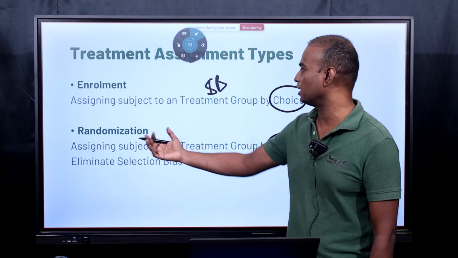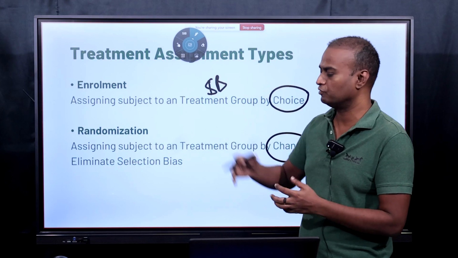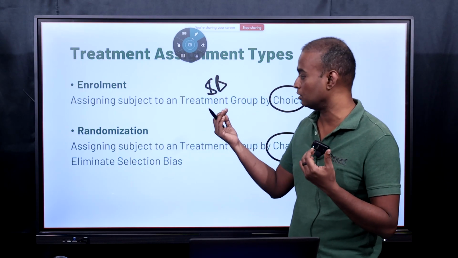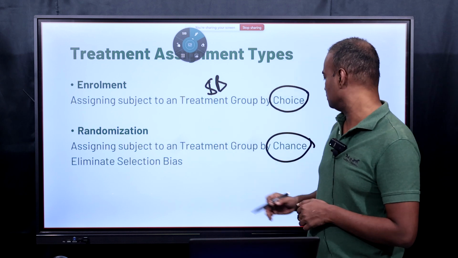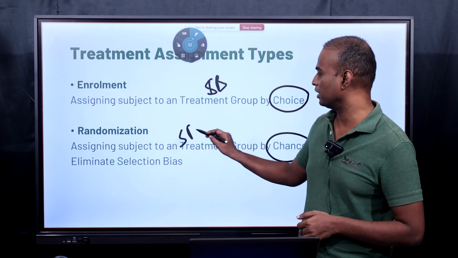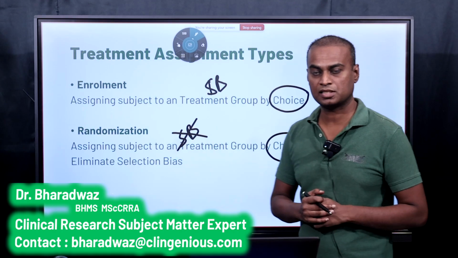That is known as randomization. If that privilege is taken out from the investigator and given to the system, then that becomes randomization. Randomization eliminates selection bias. If you introduce randomization into a clinical trial, it eliminates the selection bias.